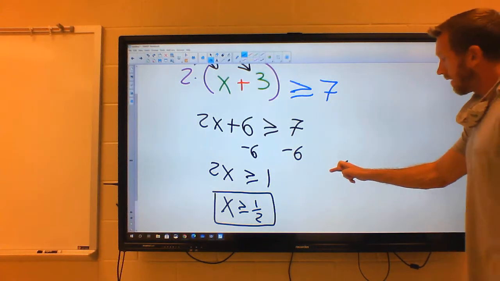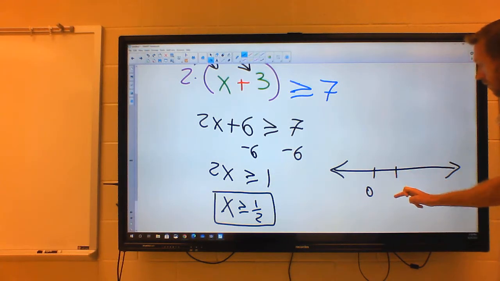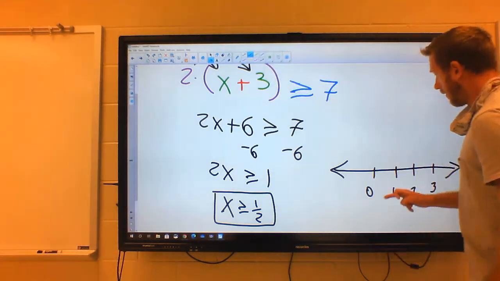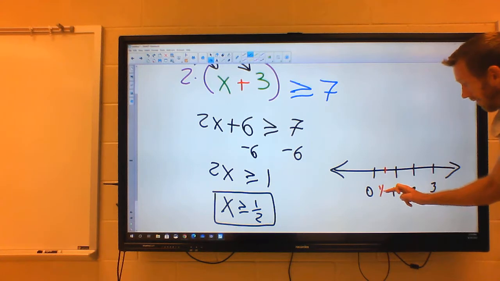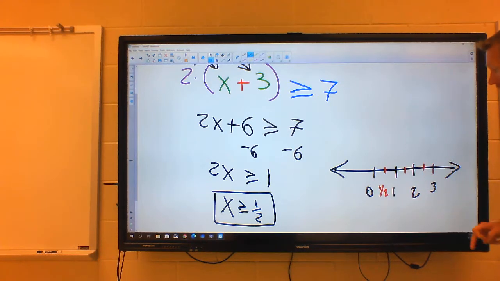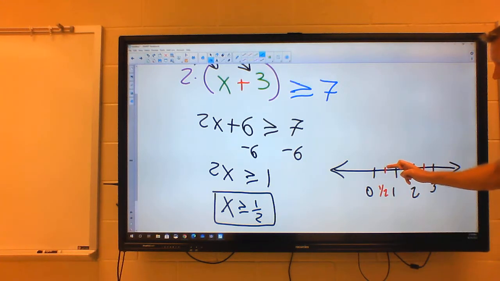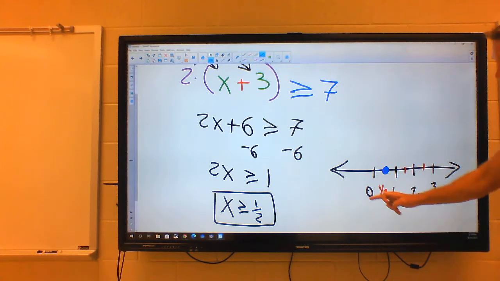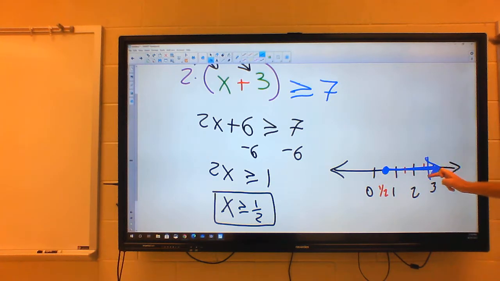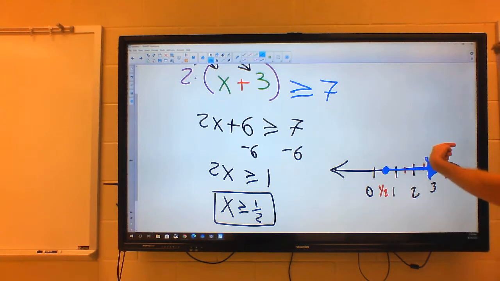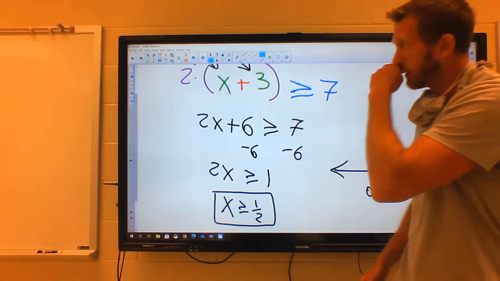If we had a number line, here's 0, 1, 2, 3. Well, guess what? Here would be 1/2. In fact, these could be all of the hash marks for halves. Okay? And we want to be a closed circle at 1/2, shaded to the right. Because we could equal 1/2, it's or equal to, but it could be bigger than that. Okay?